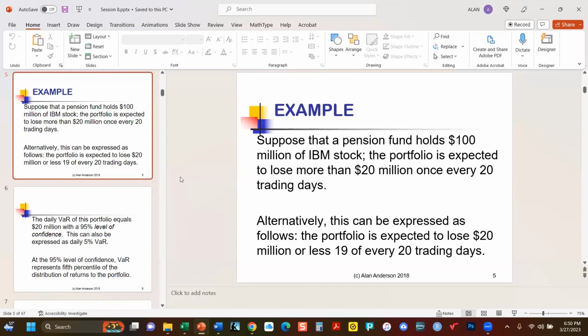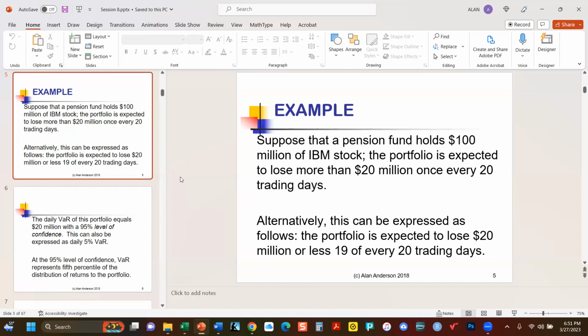Now, you notice that there's no mention of what the upside is. And again, because this is risk management, we're really not that concerned with it. What we're looking for is the downside. This is what we're trying to guard against. And if the downside is uncomfortably low, that is a signal that it's time to either sell off some of the risky assets or possibly do some hedging with derivative securities. So this would be one way you know how much you should really be hedging.